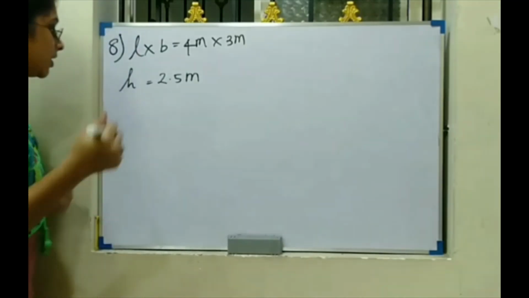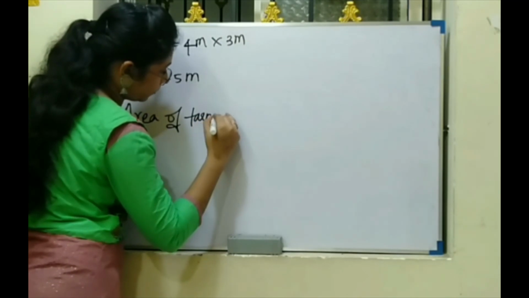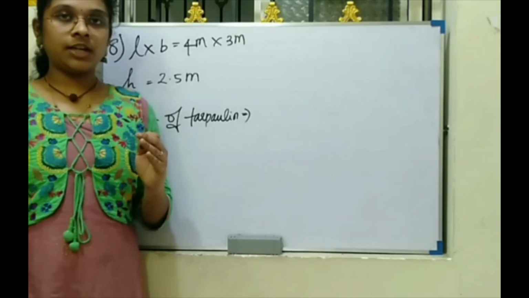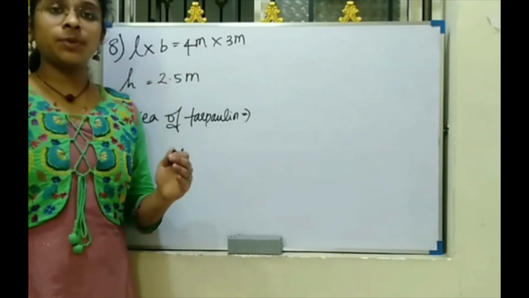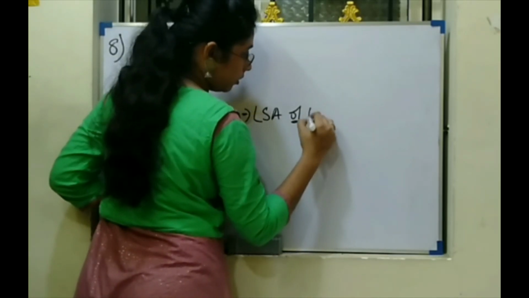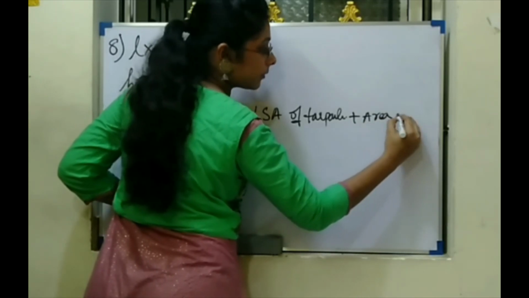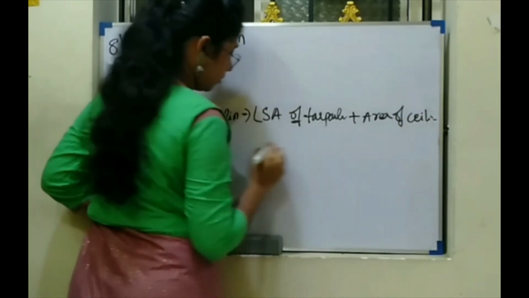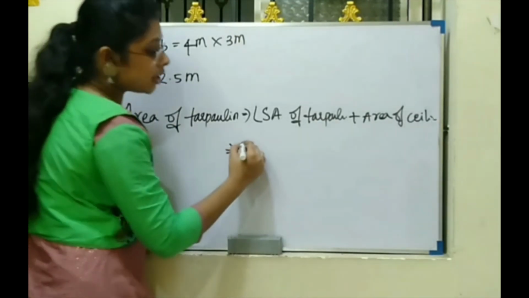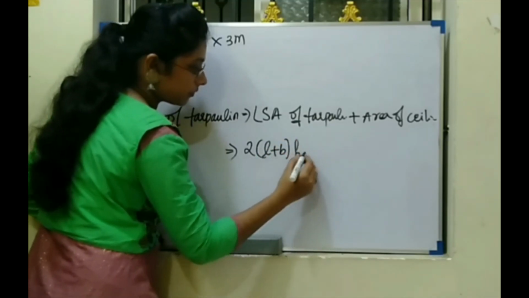So the area of tarpaulin is equal to the lateral surface area of the tarpaulin, that is the 4 sides, plus the top, which is LSA of tarpaulin plus area of the ceiling, where what is the LSA of cuboid? LSA of cuboid is equal to 2 into (L plus B) into H, right?